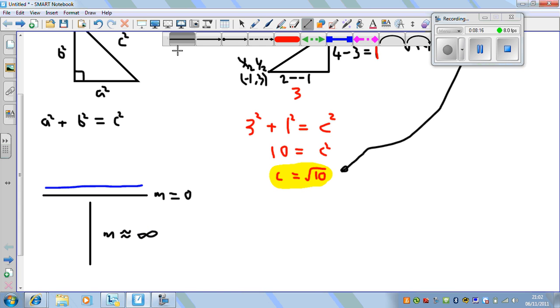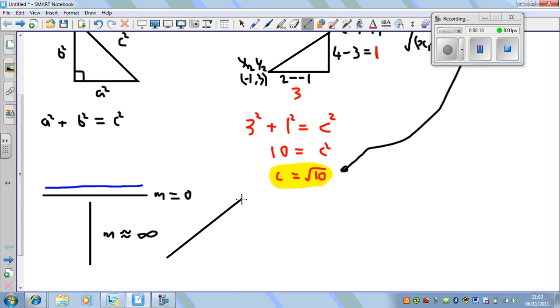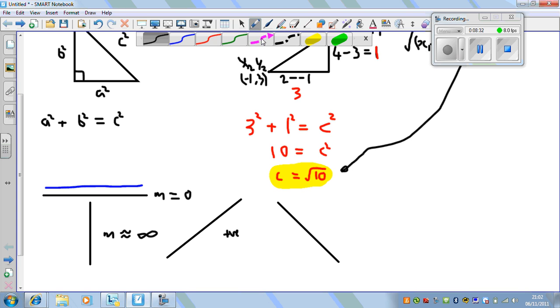And of course we have to distinguish between lines which go uphill, which have a positive gradient, and lines going downhill, from left to right, which are negative.